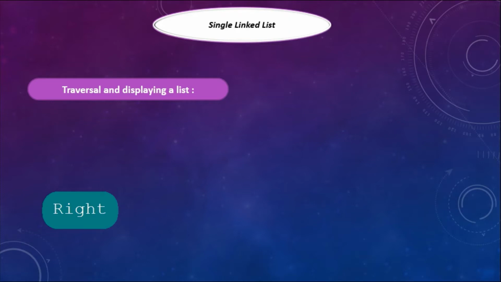To display the information, we have to traverse, or move through, a linked list node by node, from the first node until the end of the list is reached.